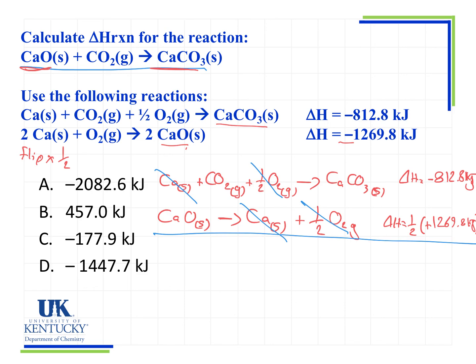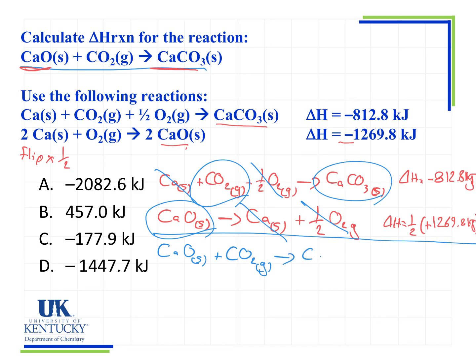So we have a CaO solid, so we have this, and we have this one, plus CO2 gas gives you CaCO3 solid, and that's exactly the reaction that we want. So we just add these 2, and the delta H of the reaction is negative 177.9 kilojoule. Therefore it's option C.